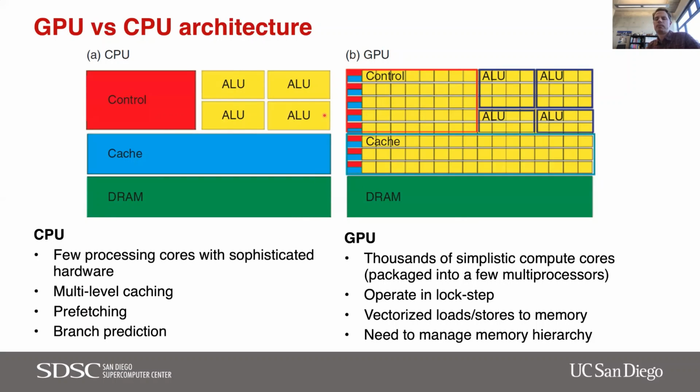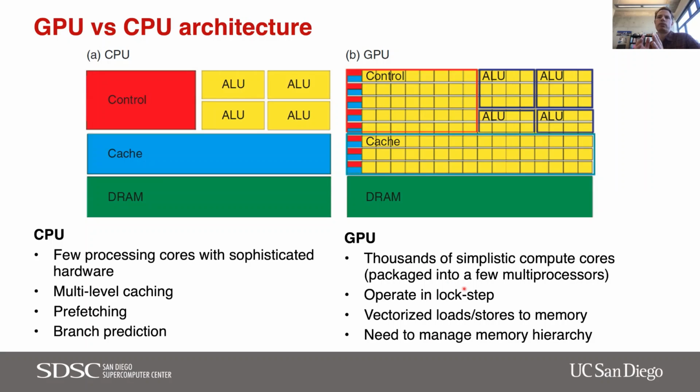With the same surface area, you'd have a few arithmetic logical units on a CPU to do the computation, your compute cores, and a lot of area dedicated to control and complicated caching hardware. On a GPU, as opposed to that, you have much more simplistic compute cores.